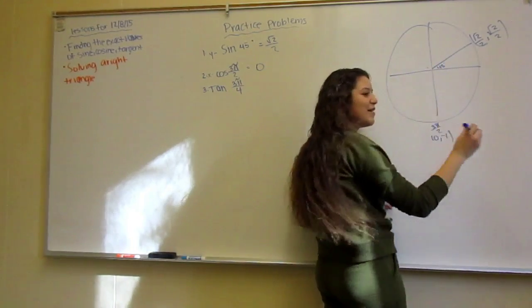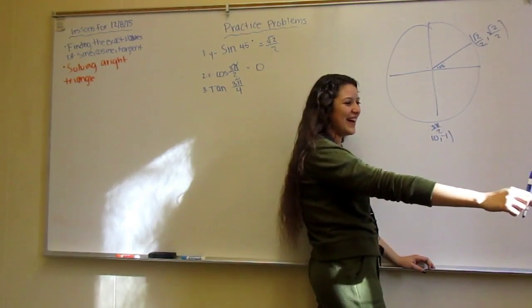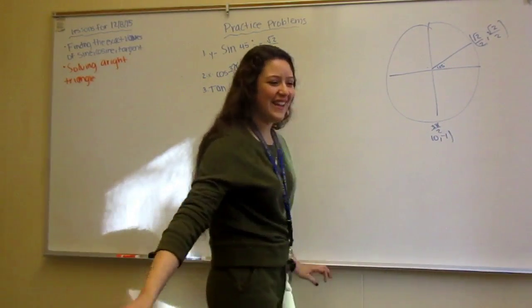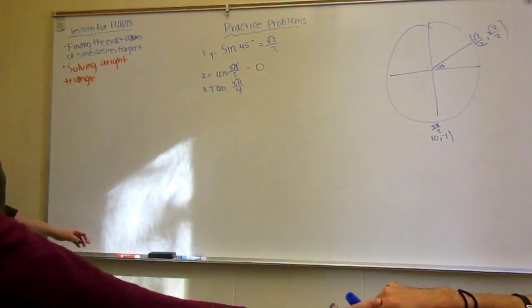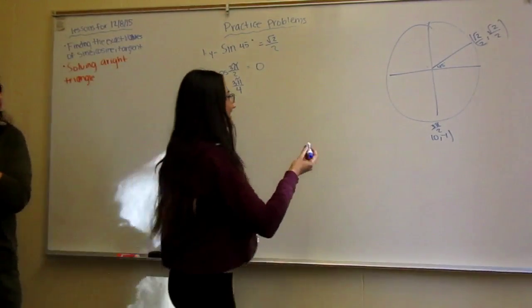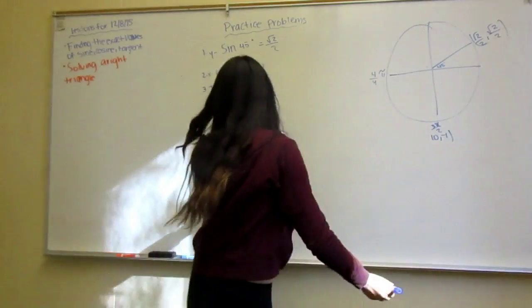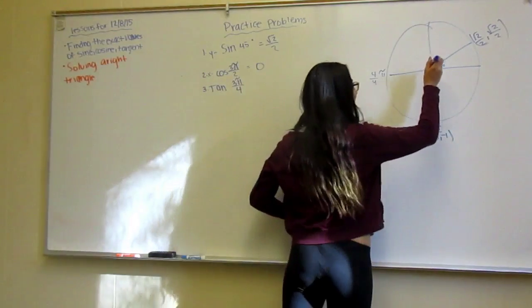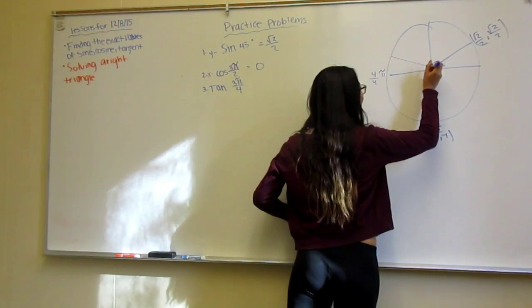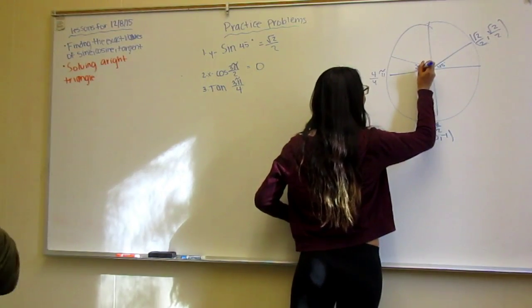Why don't you come up here and draw it? Since we have pi over here, 3 pi fourths is 1 pi fourth before that.